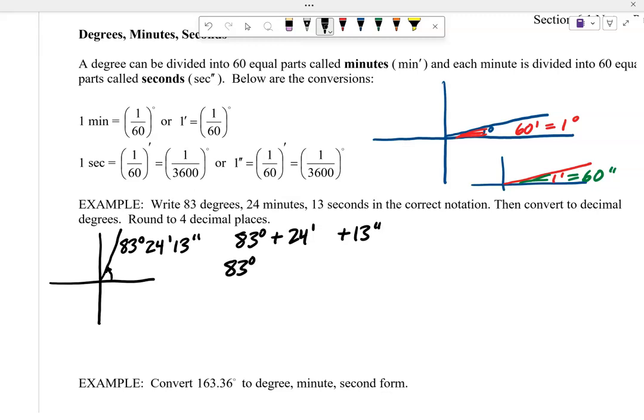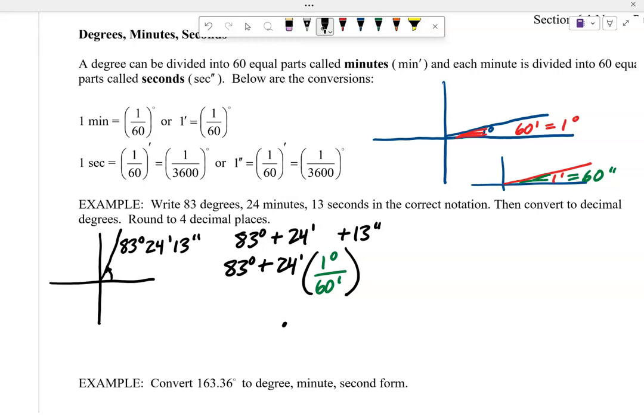We got 83 degrees plus 24 minutes. Now remember, for every 1 degree, there are 60 minutes. Notice your minutes cancel, and you have 24 divided by 60.